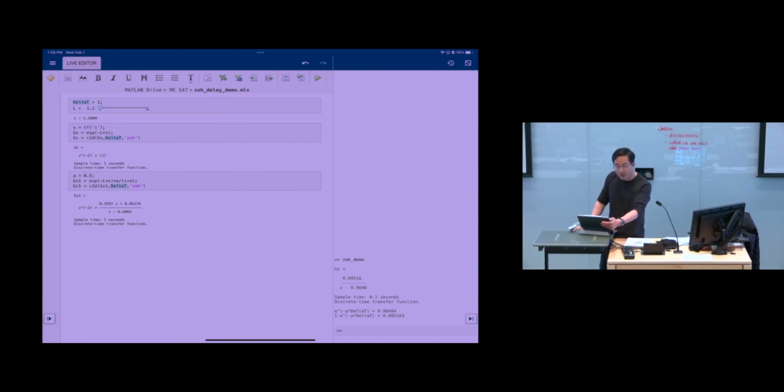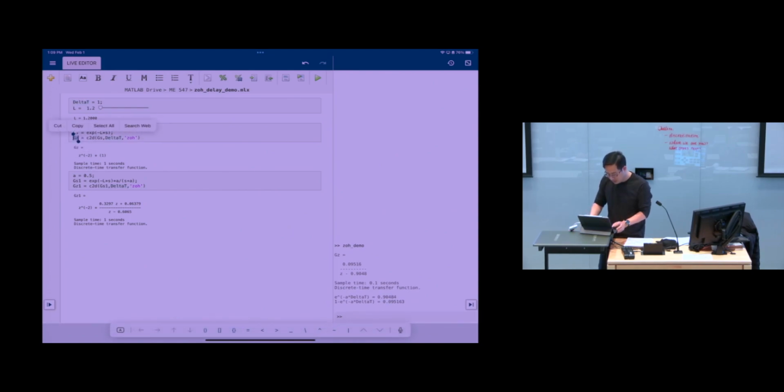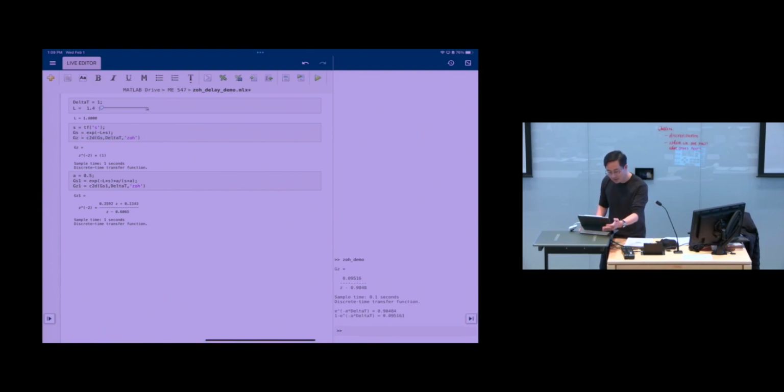You can see when L equals 1.2, the result is right over here. After the zero order hold, MATLAB gives us z to the power of -2, right? If L is between 1 and 2, it's 2. If L increases to 1.4, it's the same z transform, the same discrete time transfer function.